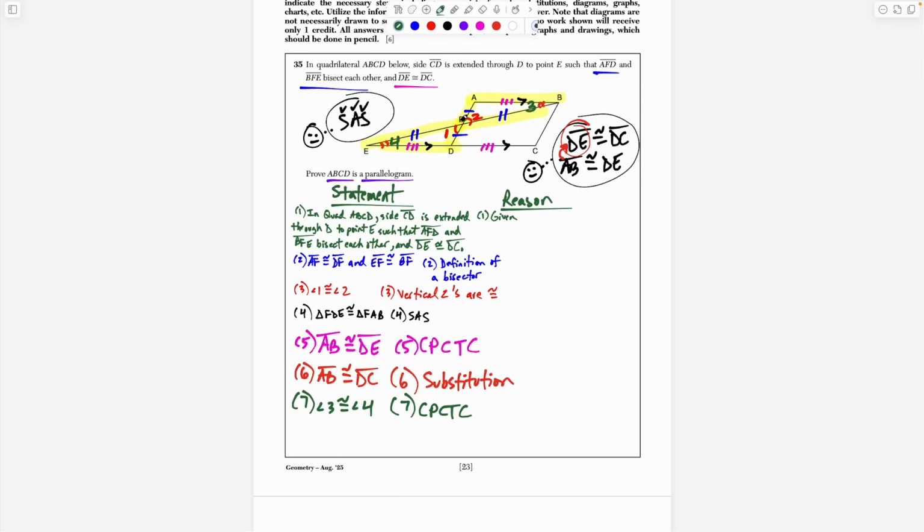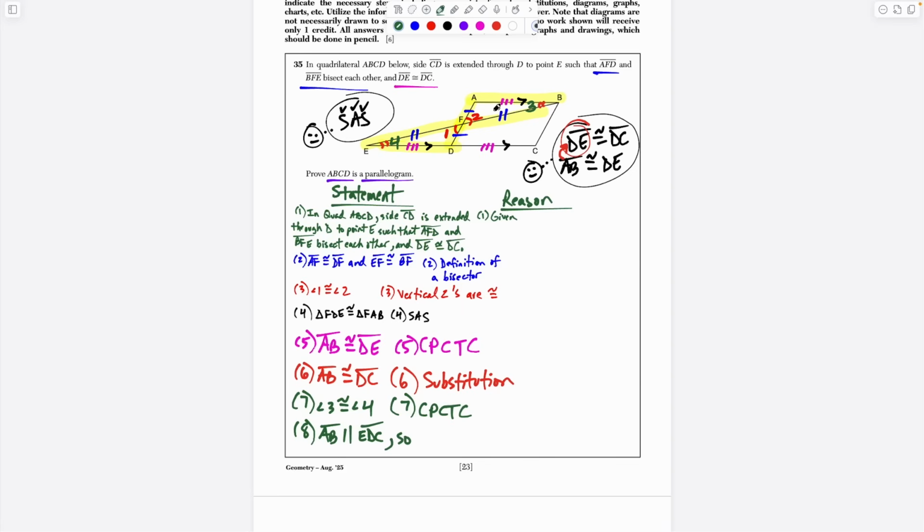And now once I establish this, what I could say next is that AB is parallel to, and I'm going to say the entire side here, this bottom side here, see how we have side EDC? I'm going to say that it's parallel to EDC. But then I'm going to sprinkle in this word here.